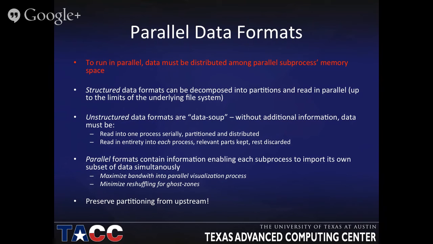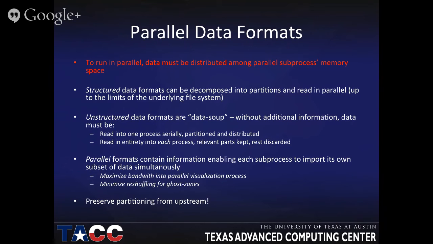Each one of them is only accessing 1/1024th of the data. And I/O goes a lot faster than one node reading in all of it. But in order for that to happen, each node has to be able to look at this data set and decide what part of the data set it's responsible for, right?